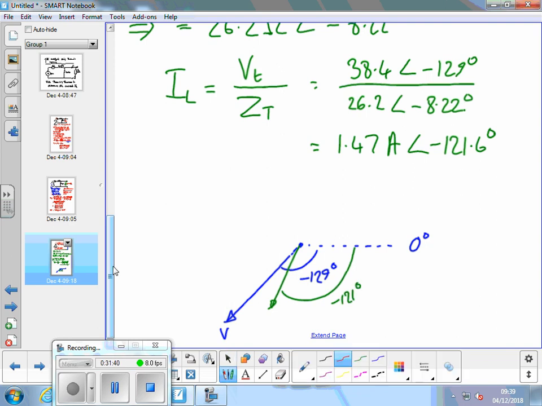If we consider that angles go around, is the current leading or lagging the voltage?